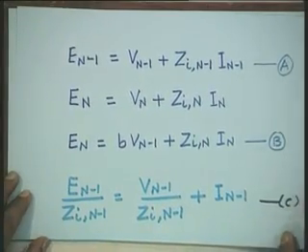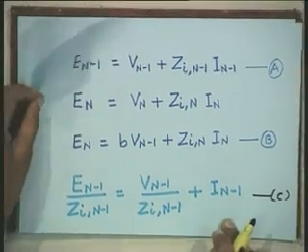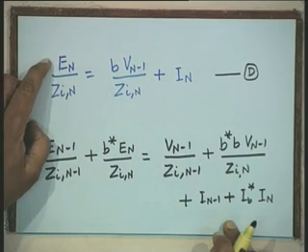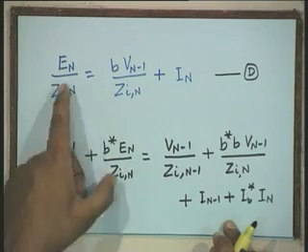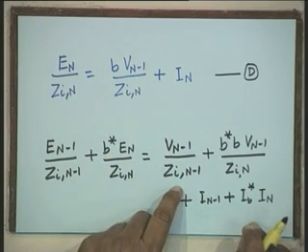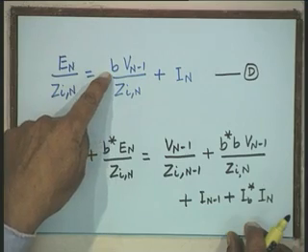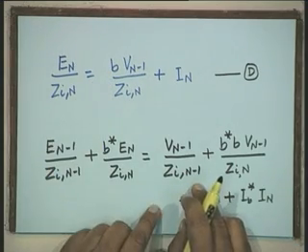See here, this is our equation which remains as it is. To this I am multiplying the whole equation by B star. So, the first term is B star E n by Z I n. Here I have not multiplied, this V n minus 1 upon Z I n minus 1 remains same.